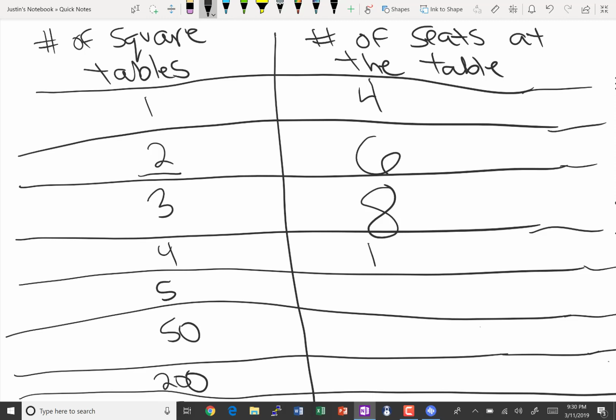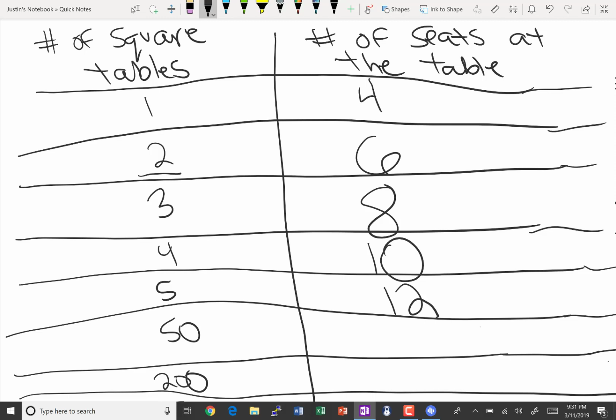That would total 10 seats. The last one shows 5 tables pushed together: you have 5 seats on top, 5 seats on bottom, and 1 seat for each side, and that would give you 12 seats.